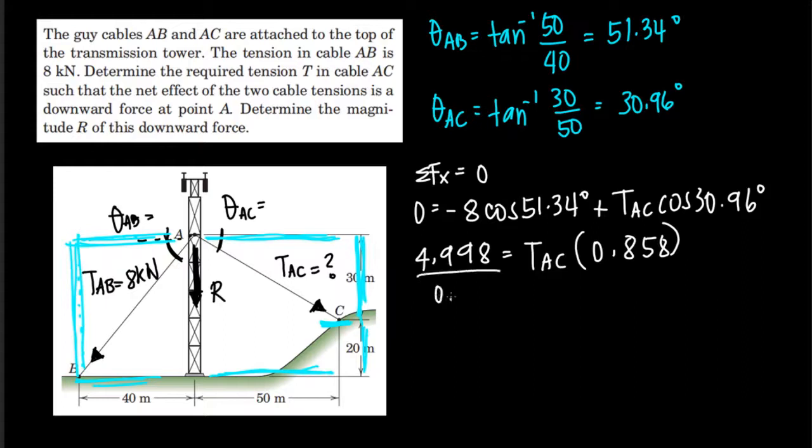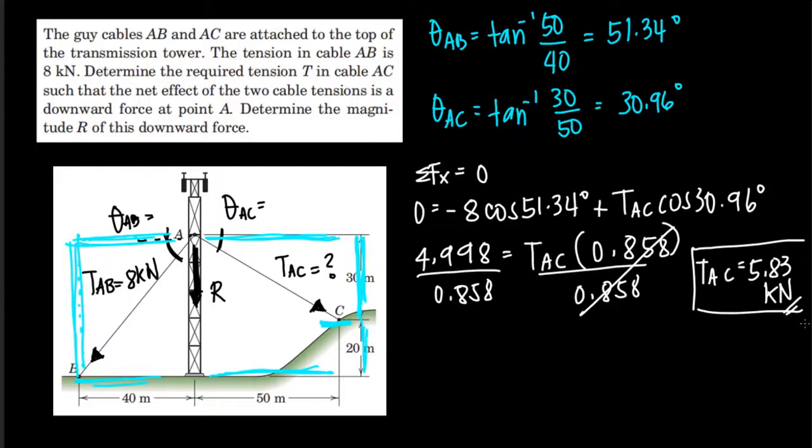To remove that, I divide by 0.858, so TAC is equal to 4.998 divided by 0.858, which is 5.83. The units are kilonewtons. So, we have found TAC.